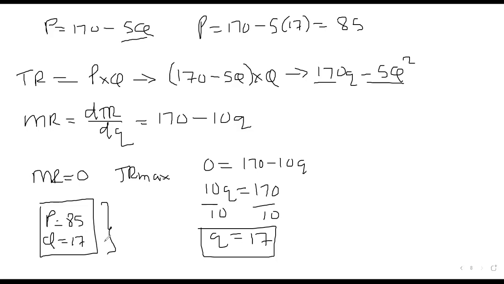All right. So how do we find the average revenue? It is equal to total revenue divided by the quantity. Total revenue divided by quantity. So what was our total revenue? It's 170Q minus 5Q squared.